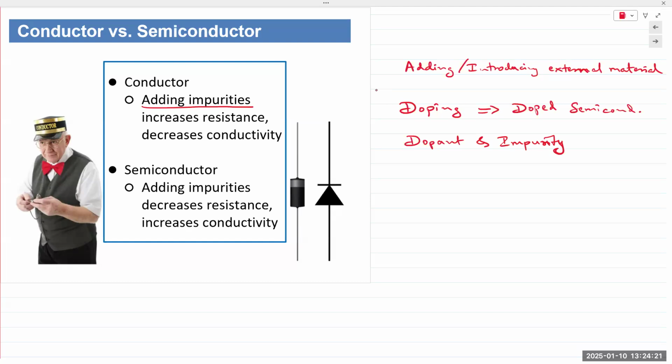So it's called either a dopant or an impurity, or it's also referred to as a dopant impurity.